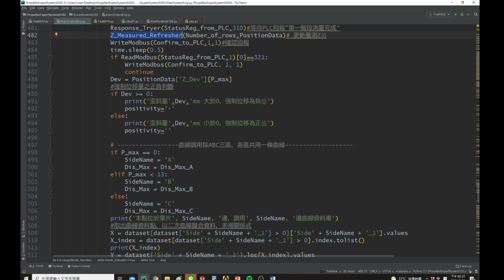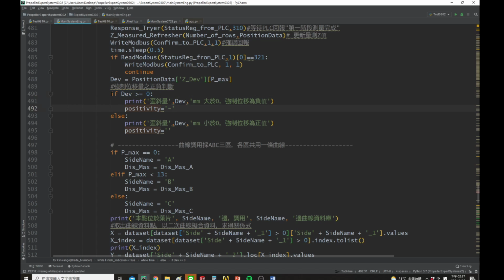If the situation is like this, what's the direction of the displacement? It should be going down, right? So the displacement must be negative. Okay, so here is the discrimination of the direction of the displacement.